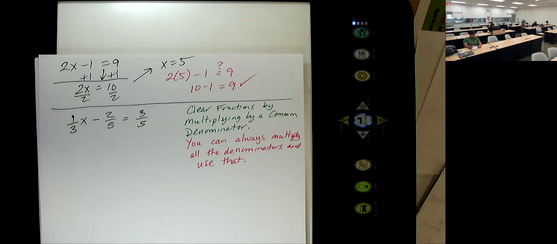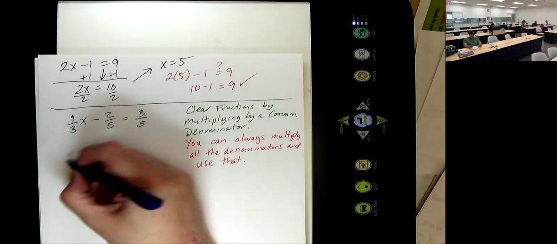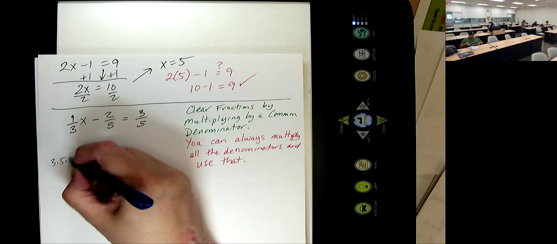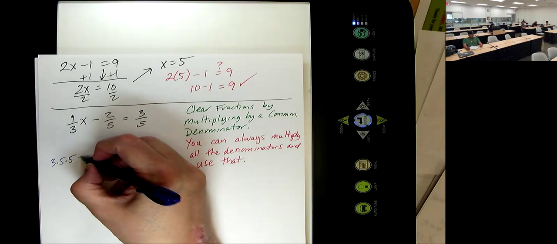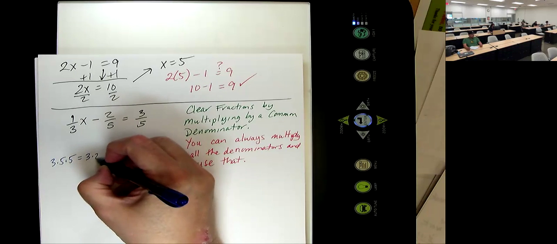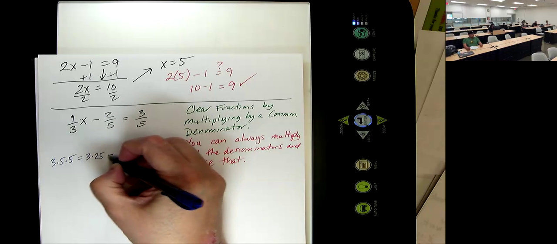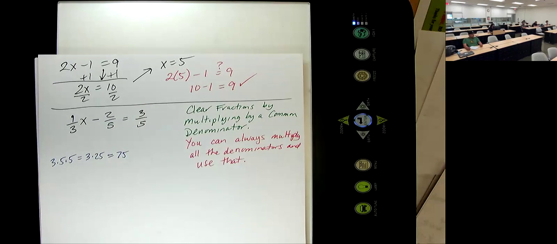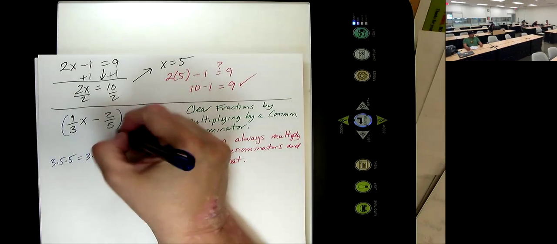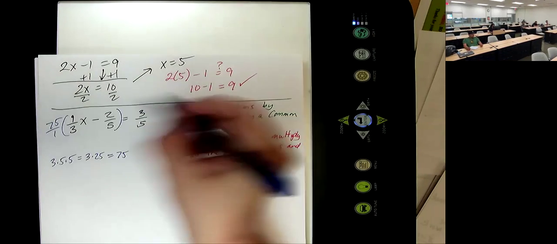It often gives you bigger numbers than you need, and it will do that here. But if I did that here, I have 3 times 5 times 5. 5 times 5 is 25, and 3 times 25 is 75. I can multiply both sides by 75/1.